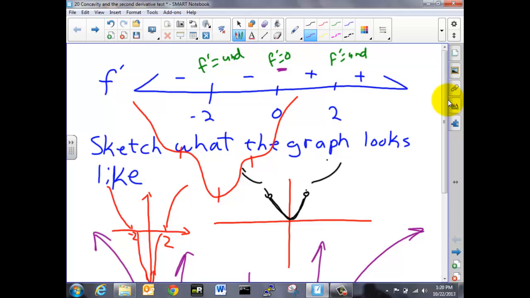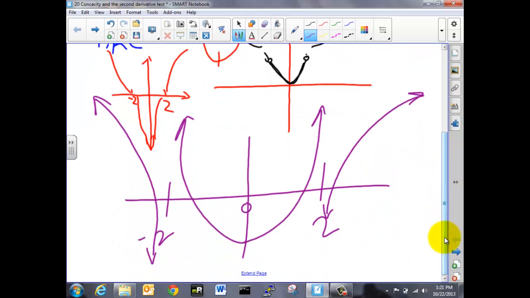All right, these numbers say the derivative is 0 at those places, not the function. Okay? The derivative is 0. So the derivative is 0 here, but the function value could be anywhere through there. Think of it this way.